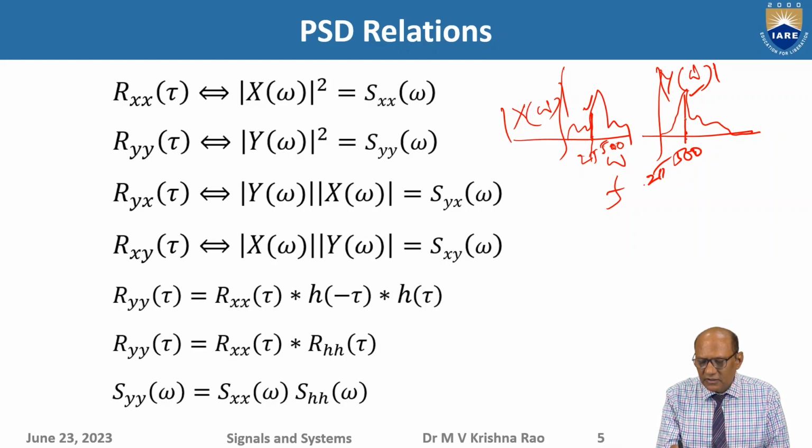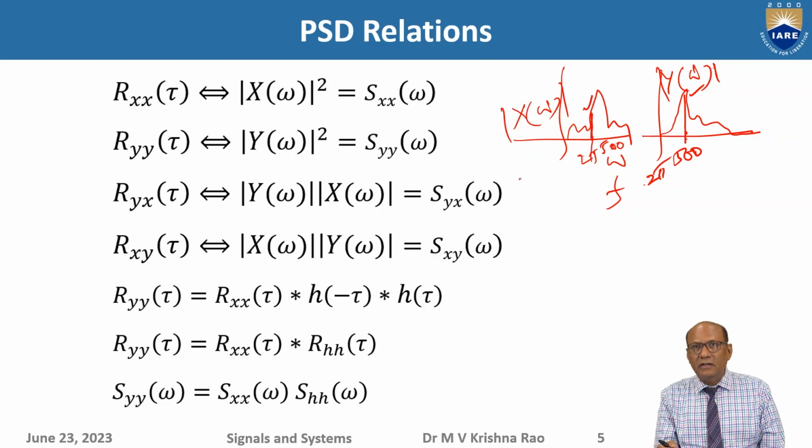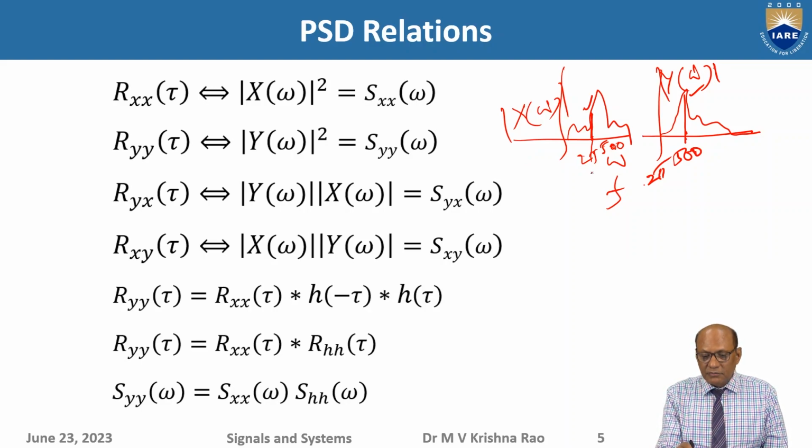So this and this, I am correlating basically. That is the explanation. So how are these frequencies correlated? Is one frequency in X of omega correlated with a frequency in Y? That means, is there any trend? That means these two frequencies are related. That kind of relation within the spectrum, you will get.